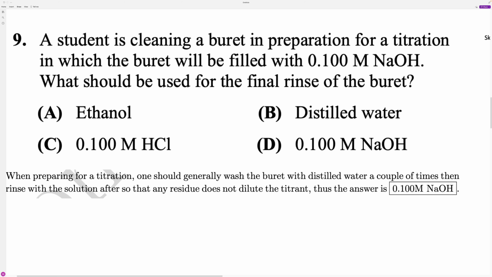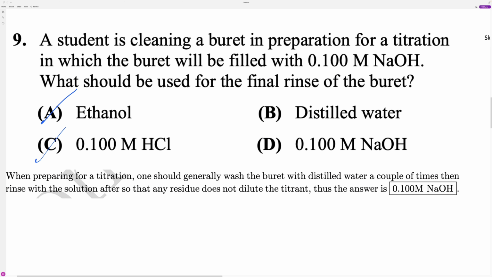There are only really two answer choices that make sense. You don't want to add ethanol because that's just a random substance and that's not going to do any good. And you don't want to cause an acid-base reaction with your 0.1 molar HCl. The only real answers are distilled water and 0.1 molar NaOH.